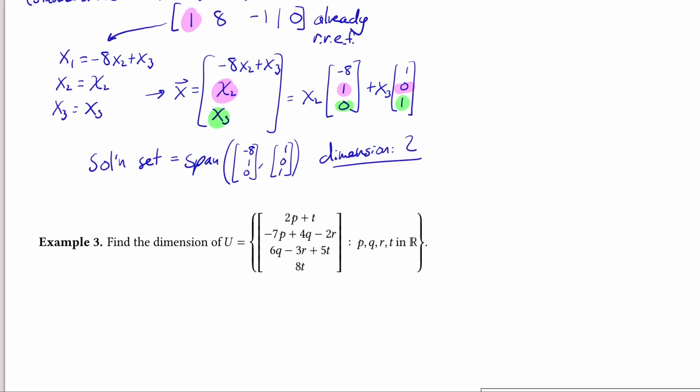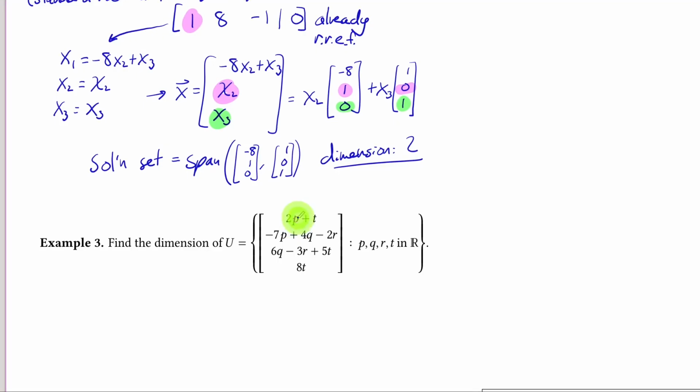So you'd look at this complicated set. It's a subset of R4. And, well, you could factor out all the p's and q's and t's and r's, like so.